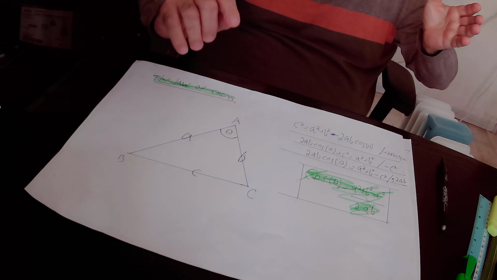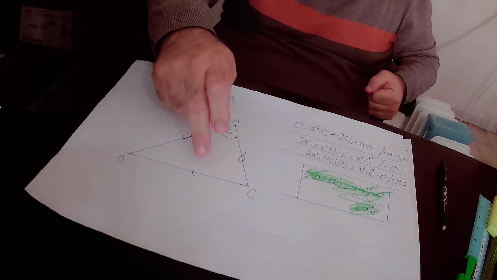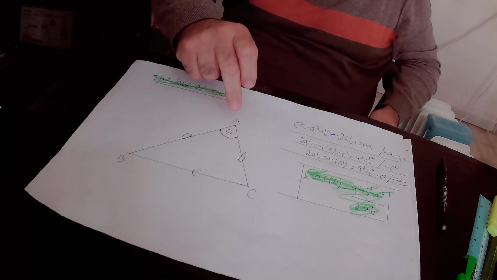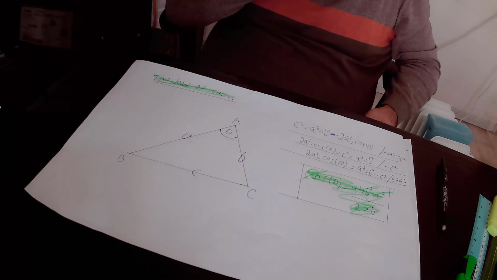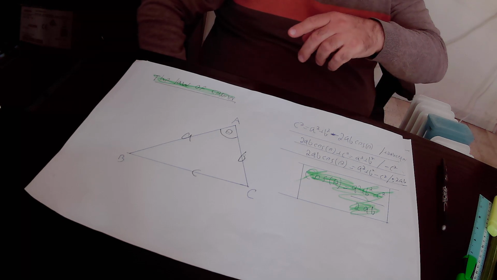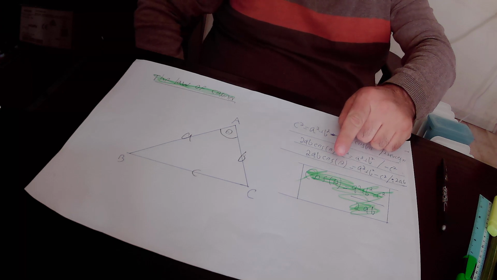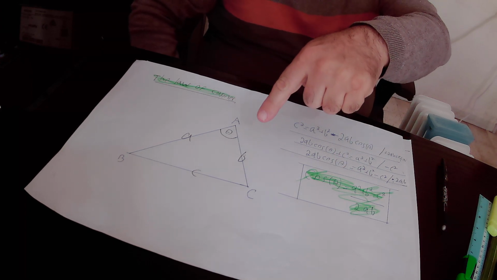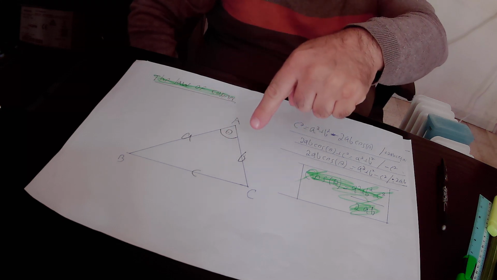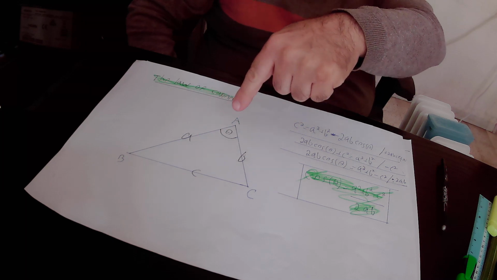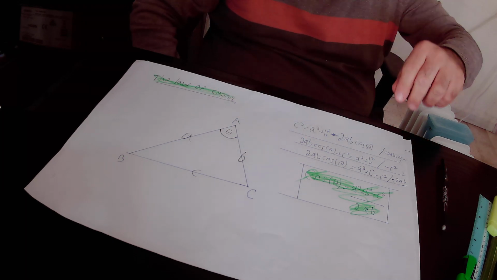And so according to the law of cosines, c squared equals a squared plus b squared minus 2 times a times b times cosine theta. So from this equation, it is very easy to arrive at the equation that cosine theta equals a squared plus b squared minus c squared over 2 times a times b. I repeat again, cosine theta equals a squared plus b squared minus c squared over 2 times a times b.